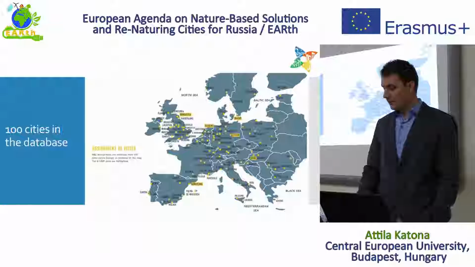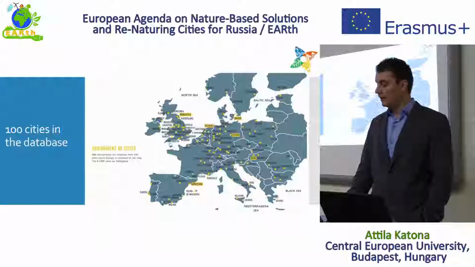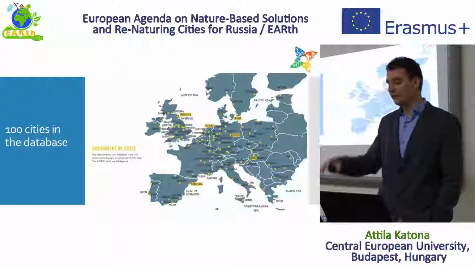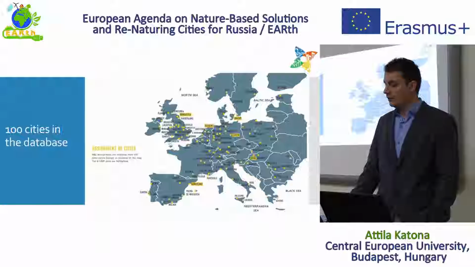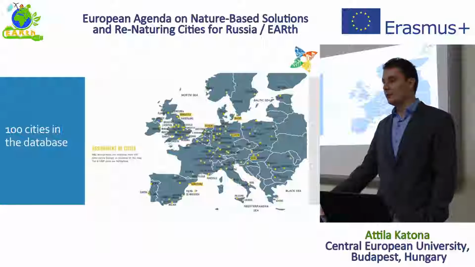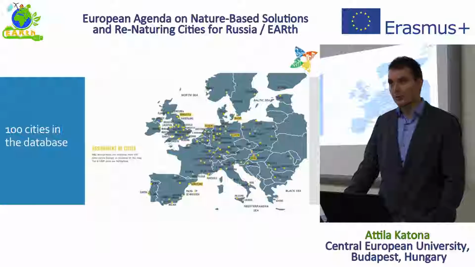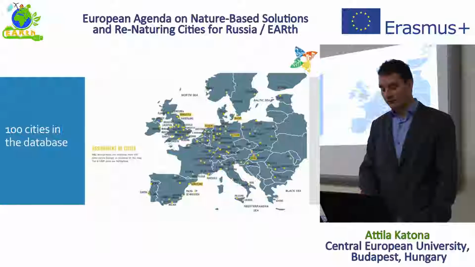So we have covered these 100 cities. They were selected from the Eurostat urban audit to represent different geographical locations and different parts of Europe in terms of different climates, different economic development, proportion of green space, etc. And then we analyzed what is going on there.